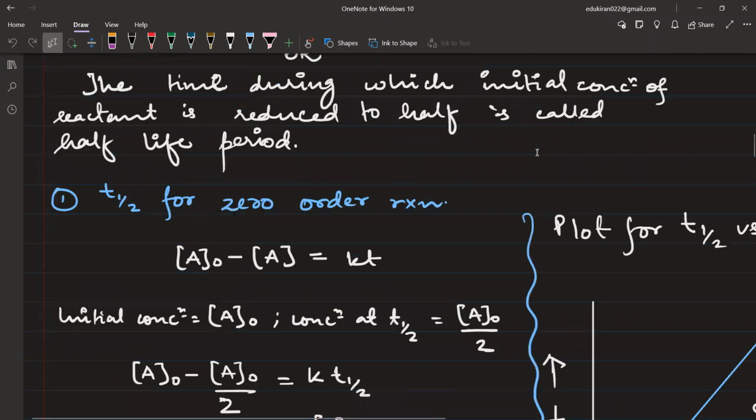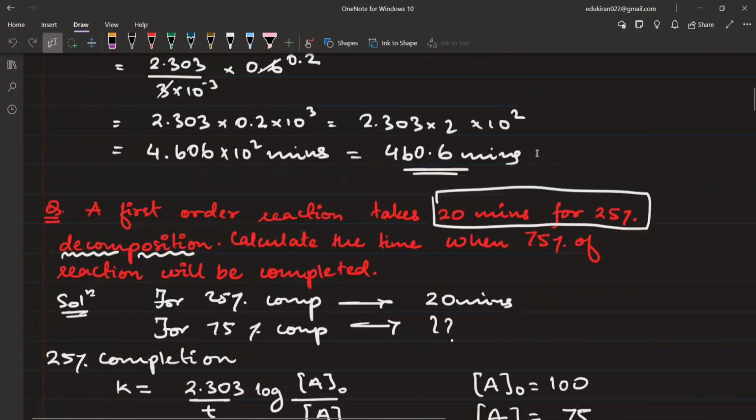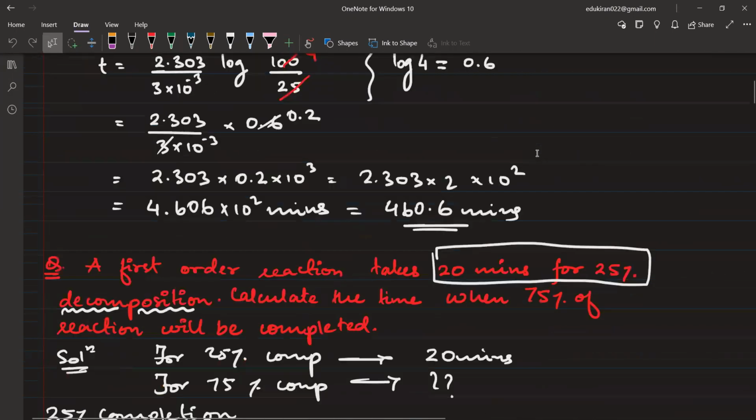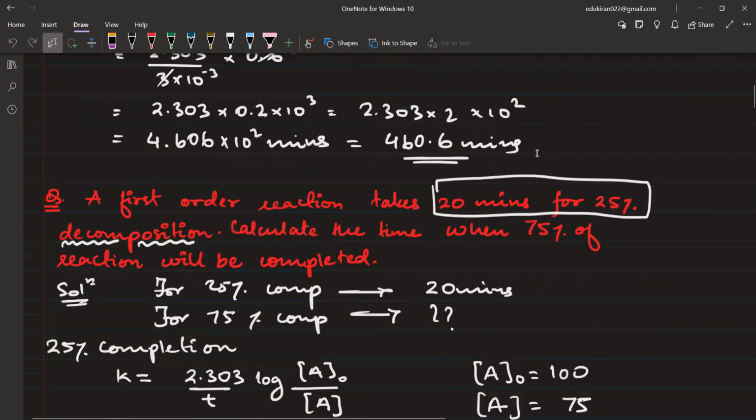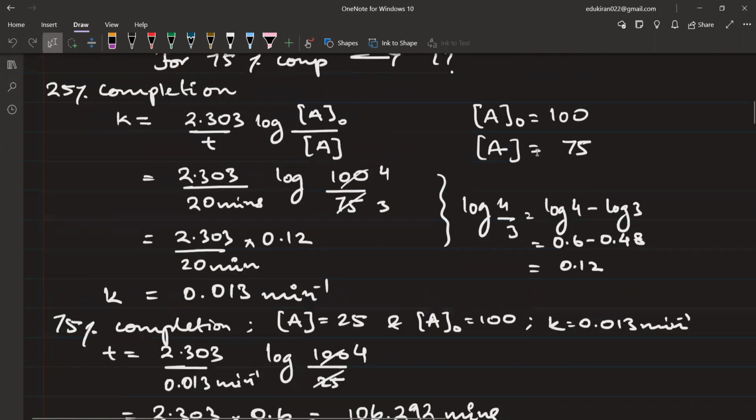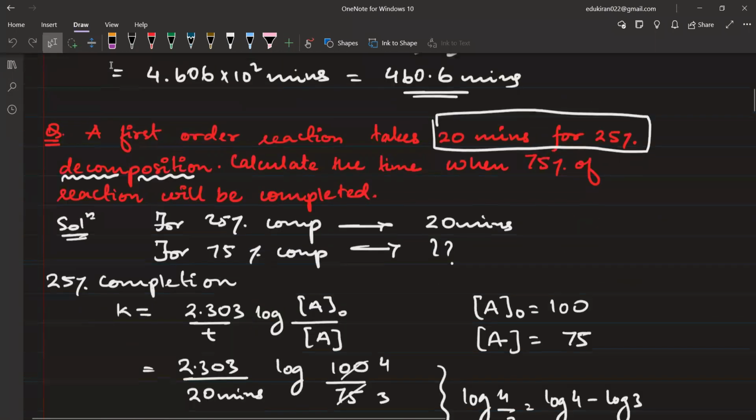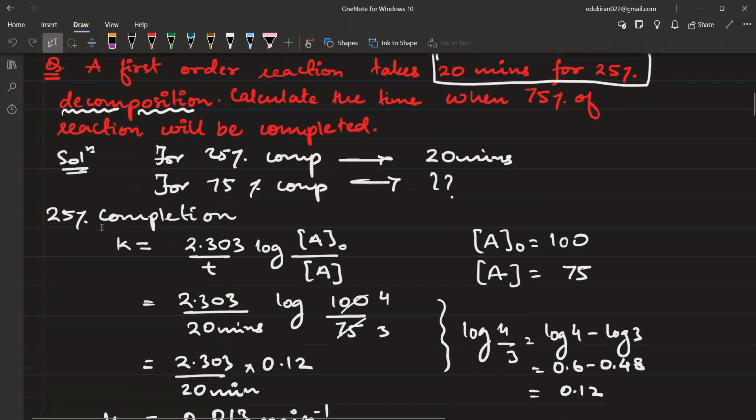For example, if a first order reaction takes this many minutes for decomposition, calculate the time when 75% of the reaction will be complete. So now we have written this particular equation. Why? Because we know that it is first order. So first of all, you will determine the order, then you will write the appropriate integrated rate law equation.